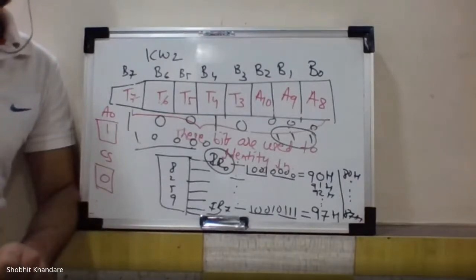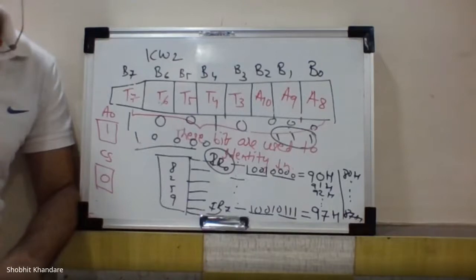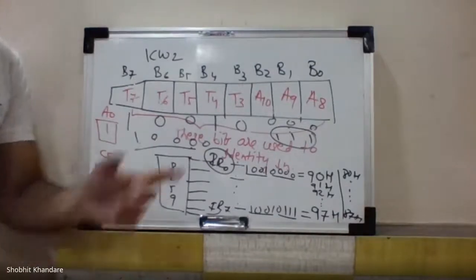The lower three bits of type number are automatically inserted by 8259, and the upper 5 bits are programmable.